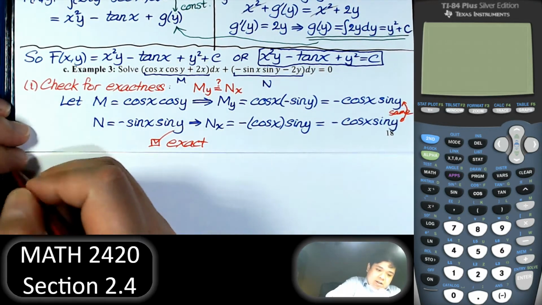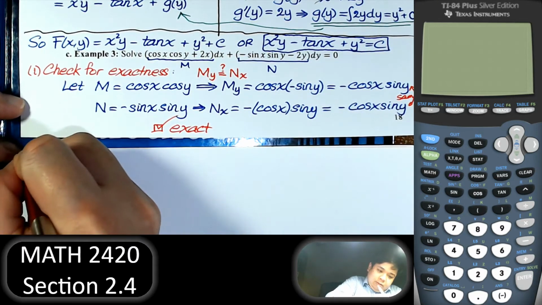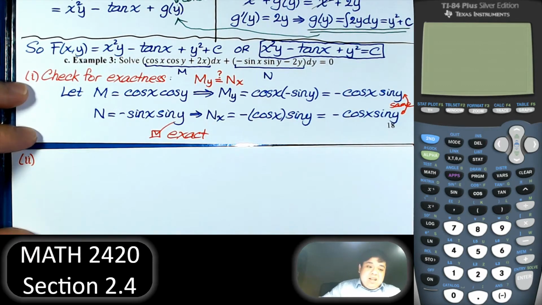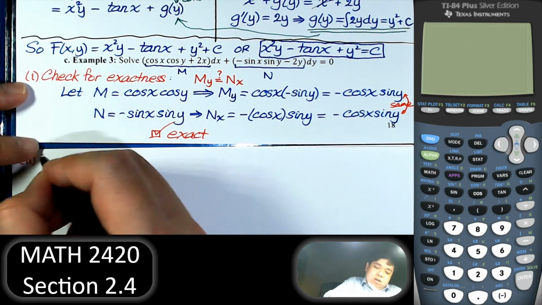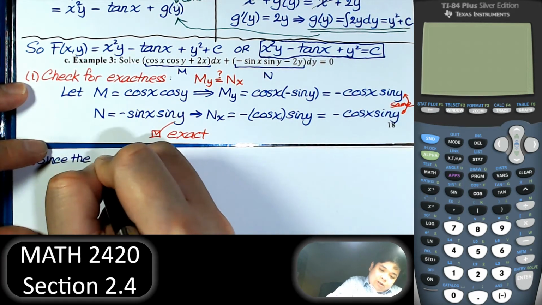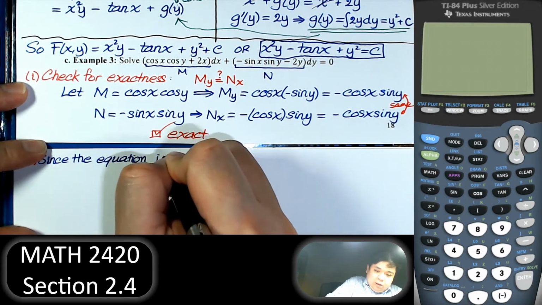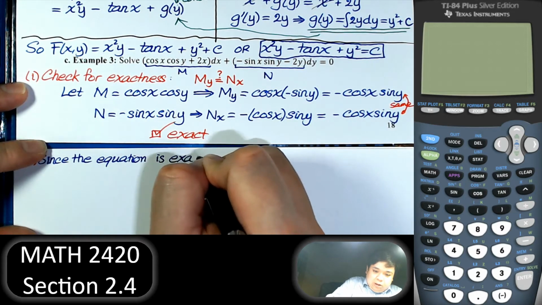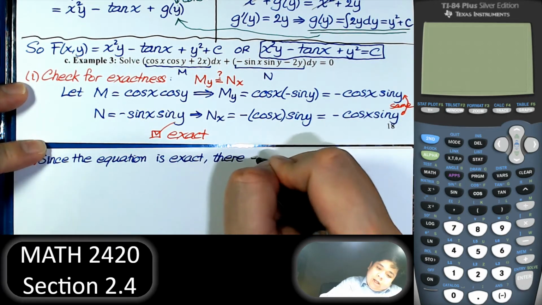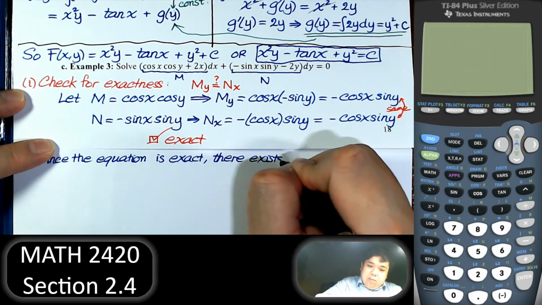Second, since it is exact, there exists a potential function.